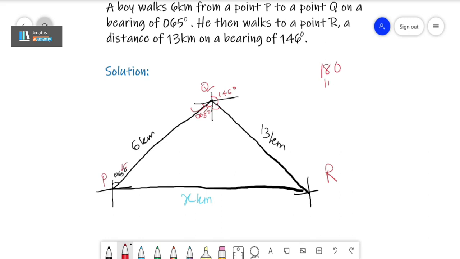We subtract 146 from 180 and we get 34 degrees. So it implies that this angle here is 34 degrees. So we sum both angles to get 99 degrees.